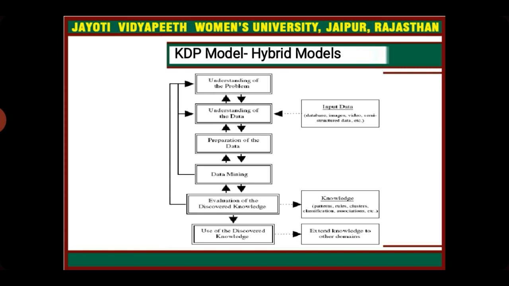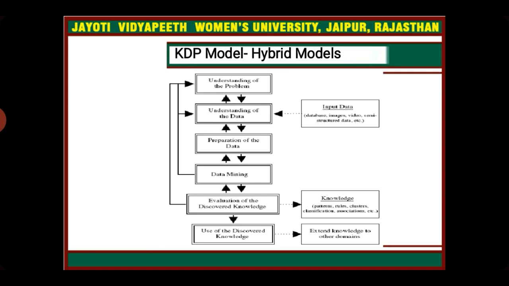The CRISP-DM model has only three major feedback sources, while the hybrid model has more detailed feedback mechanisms. Also, modification of the last step, since in the hybrid model, the knowledge discovered for a particular domain may be applied in other domains.